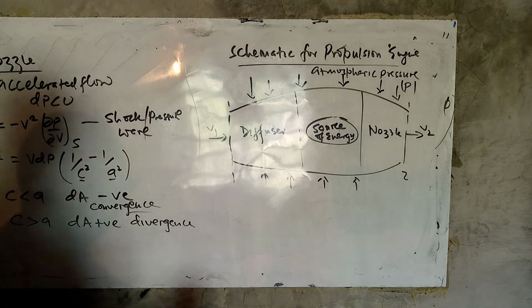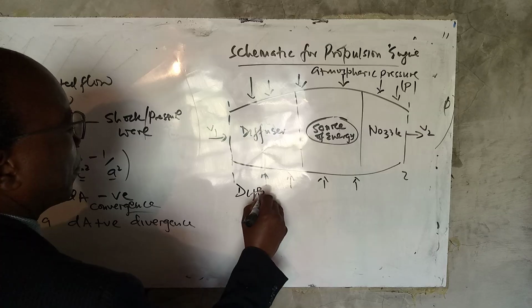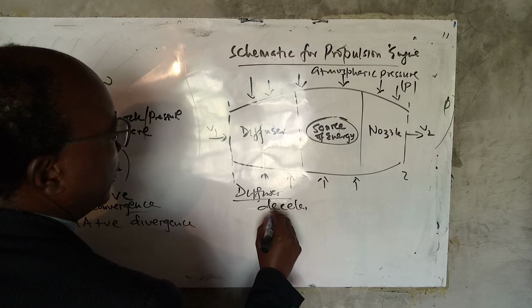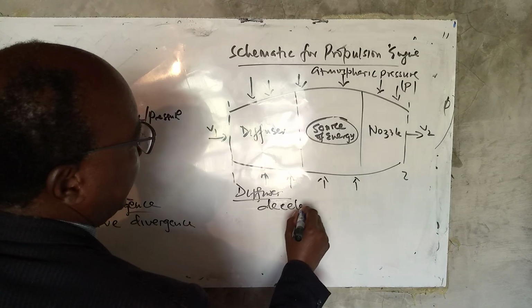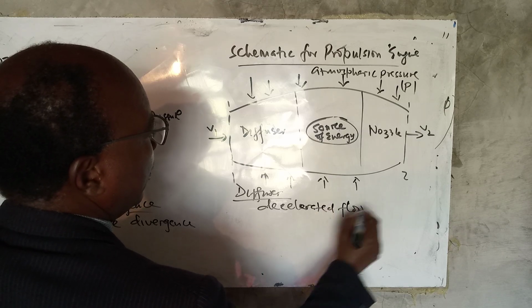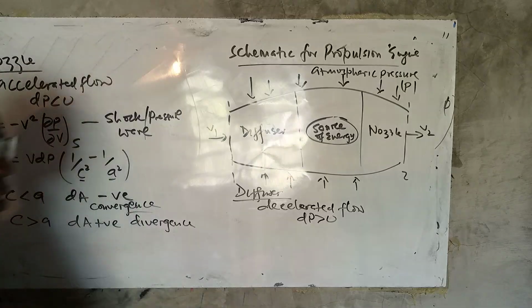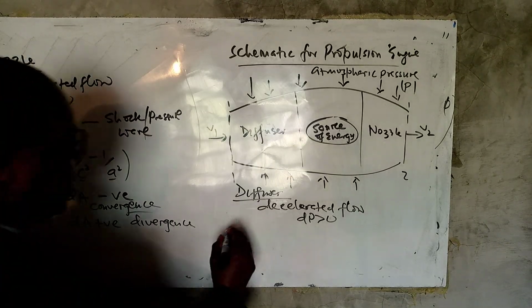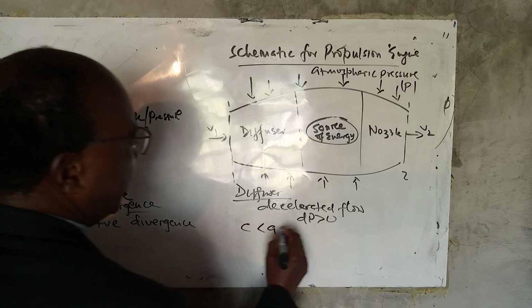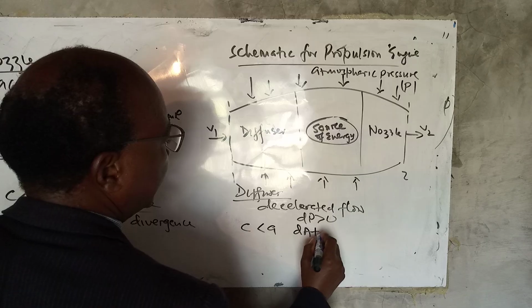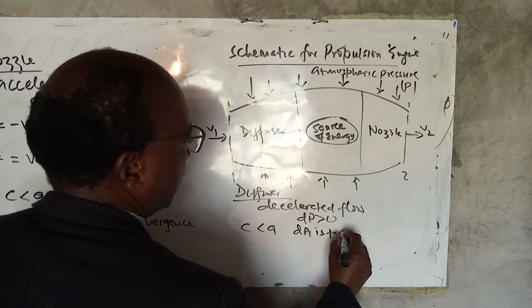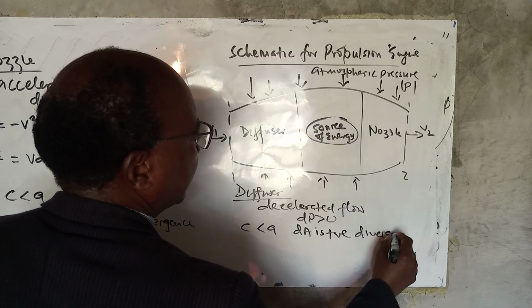And in the case of the diffuser, where we have decelerated flow, that is dP increases, pressure increases. When CA is less than A, dA is positive. That, of course, is divergence.